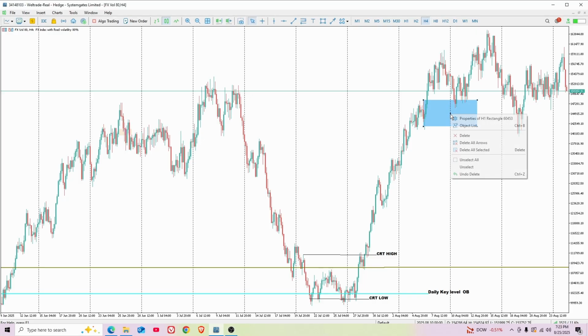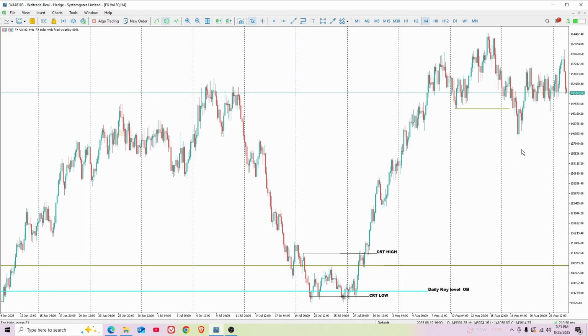And then what do you see from this area? What you'll then notice is that the market then took out this low. That's a market structure shift on the 4 hour chart, right? So we take our fib from high to low, looking at a new dealing range that has just been formed.